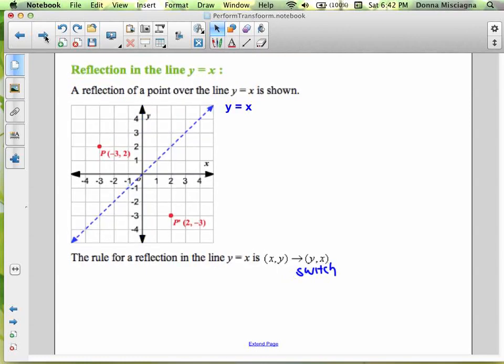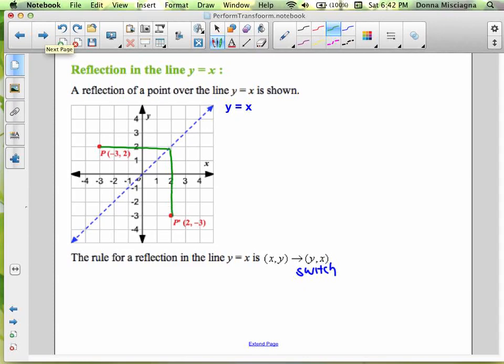Reflection in the line y = x. Right? So to be able to keep those distances from that line of reflection the same, x and y will switch. And if you remember when we were looking at dot paper and not coordinates, we would look at the horizontal becoming the vertical, right?